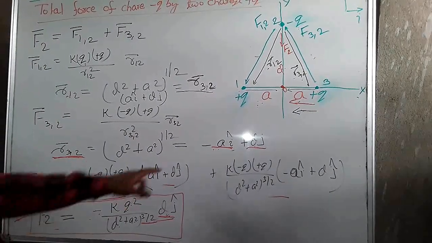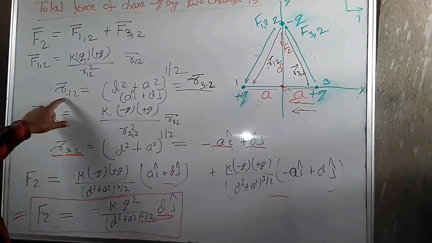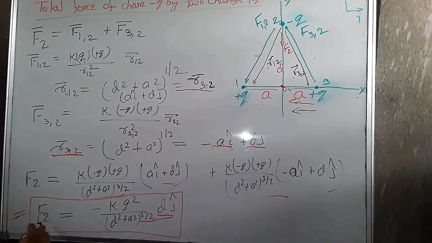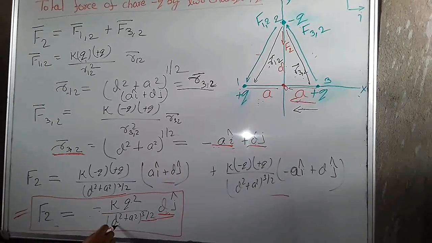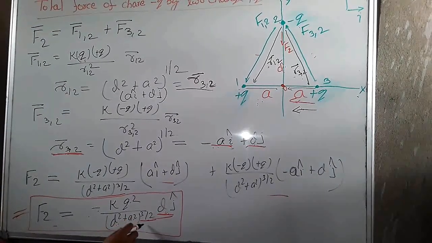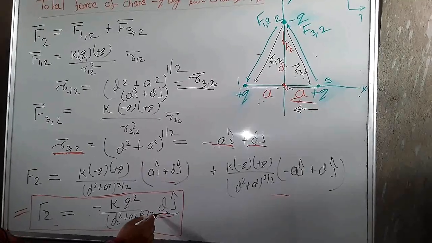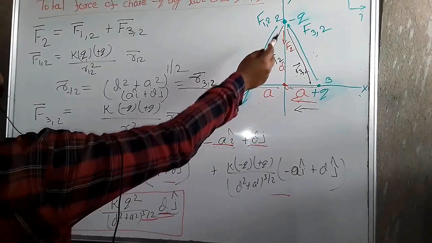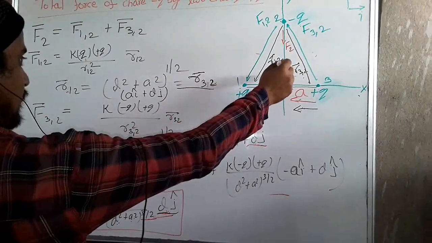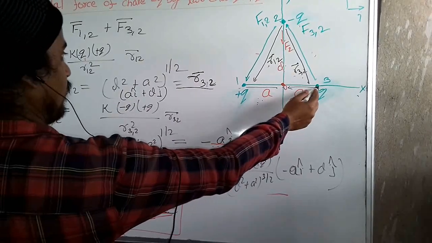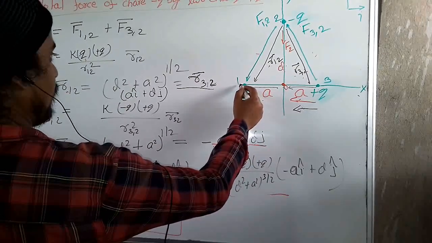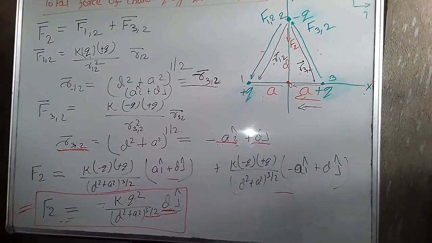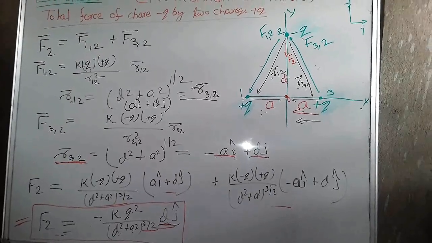Simply putting all the values of R32 and R12 into these, we get F2 equal to minus K Q square over d square plus a square to the power 3 by 2, times d j. Here d j means it is towards the origin O. It means the total force on 2 is directed towards the midpoint between plus Q and plus Q, the midpoint between 1 and 3. So this is the total force on the charge minus Q by two opposite charges.